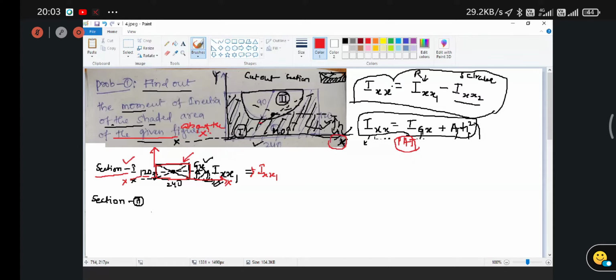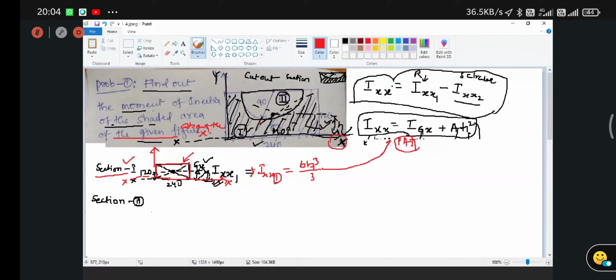So here we are having the problem. So about the x-axis, Ixx1, where 1 means your first section, is equal to, directly we are having the formula, BH cube by 3. So how did we get this formula?